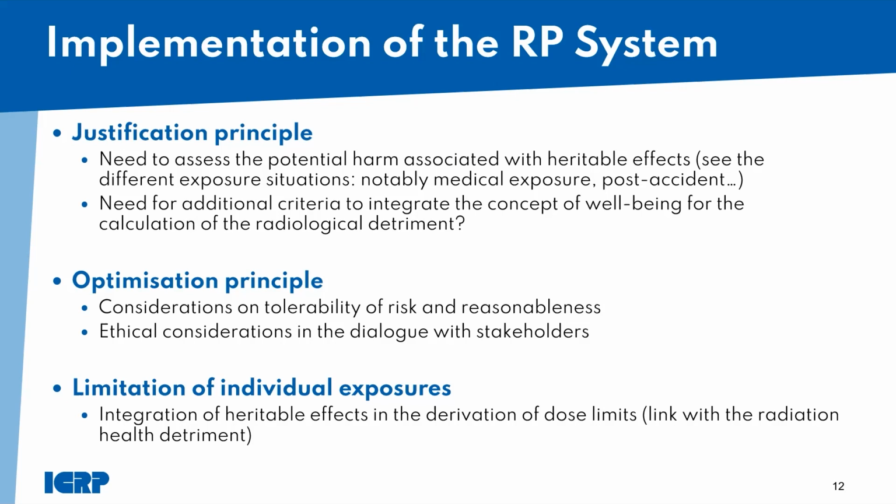If we have specific effects for this population, it may be of concern. This is the same for the concern we had after Fukushima or after Chernobyl for the young generation. What does it mean for the children? Do we have to consider specifically, or in more detail, this question of heritable effect when we discuss the optimization principle? This is fully an open question.